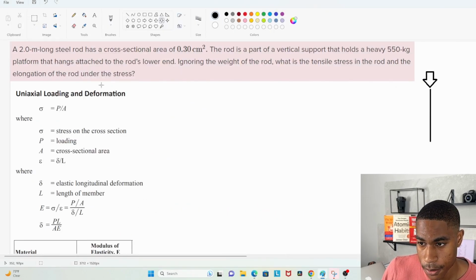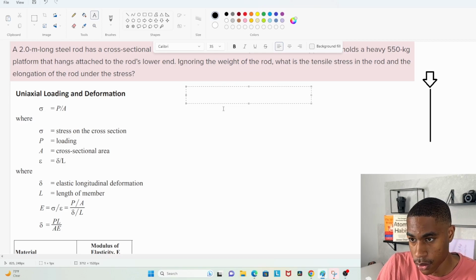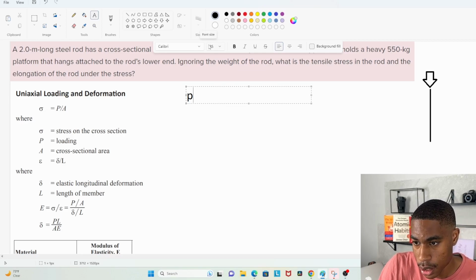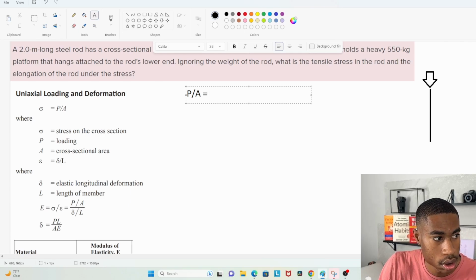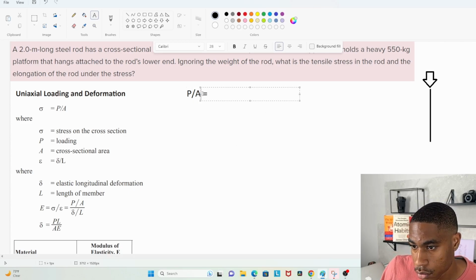All right. So first we'll start out with finding our stress, which is just P over A. So what is P? P divided by A is equal to what?